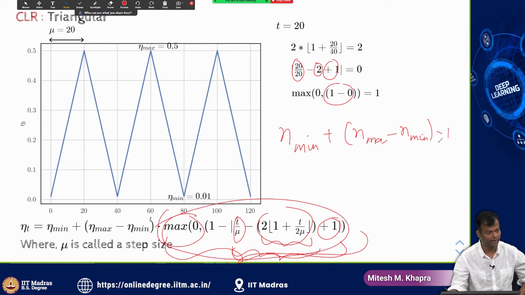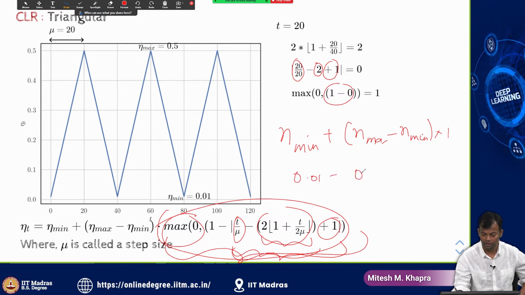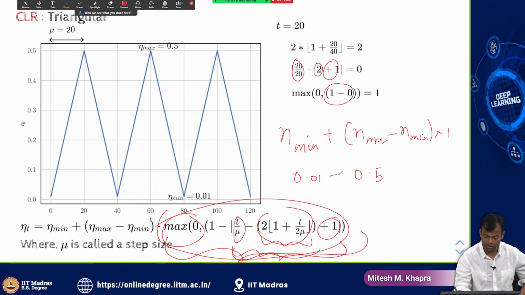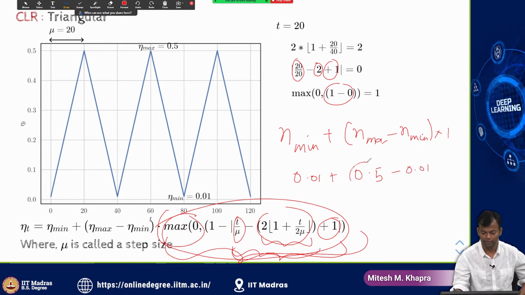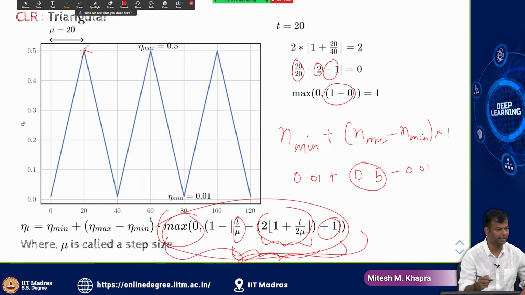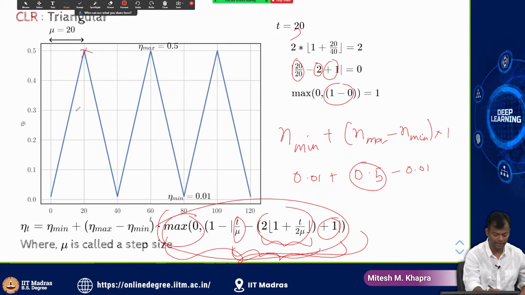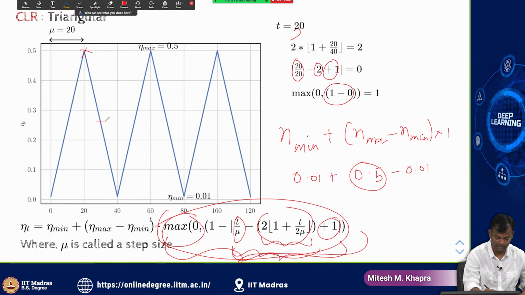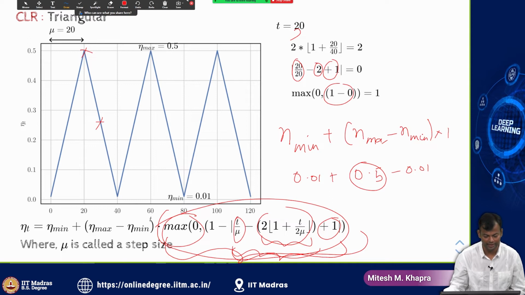So then it's going to be 0.01 plus 0.5 minus 0.01, which is just going to be 0.5, right? And that's exactly what I get at time step t equal to 20. Similarly, you could substitute the value 30 here, and you will get the value somewhere here, right? So that's how you compute the cyclic learning rate.